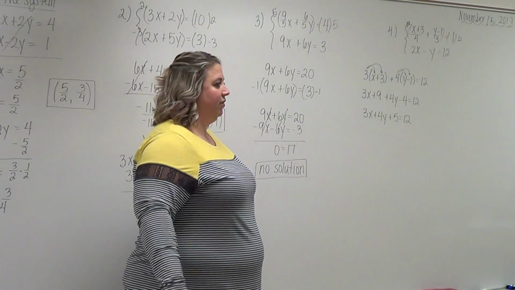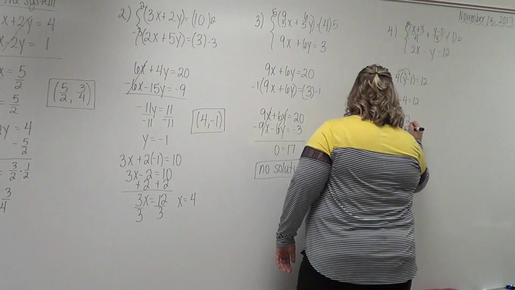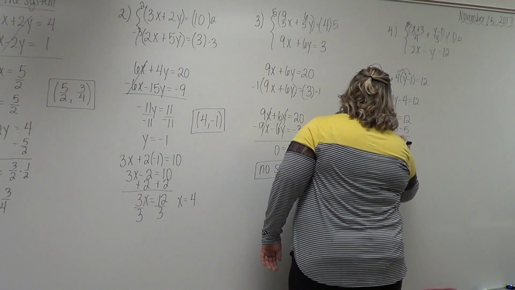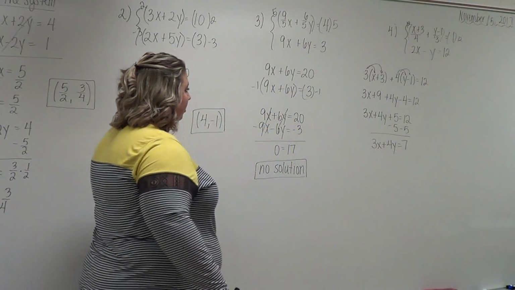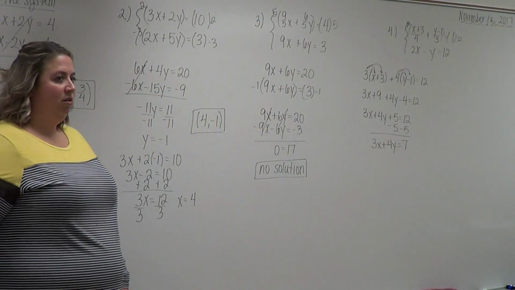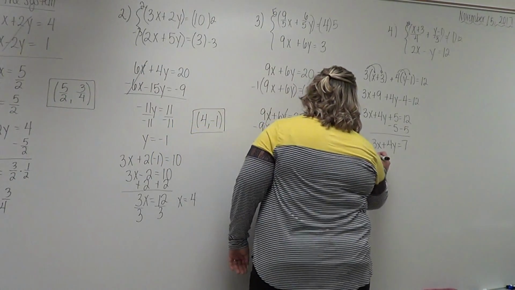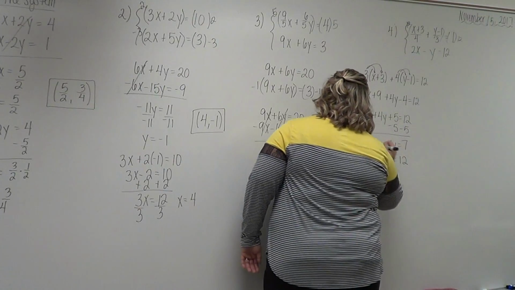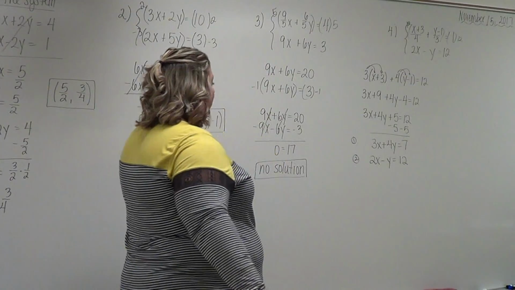Everybody good on how I got plus 5? Then I would subtract 5. So I have 3x plus 4y equals 7. So that's my first equation. And then my second equation would just stay the same.